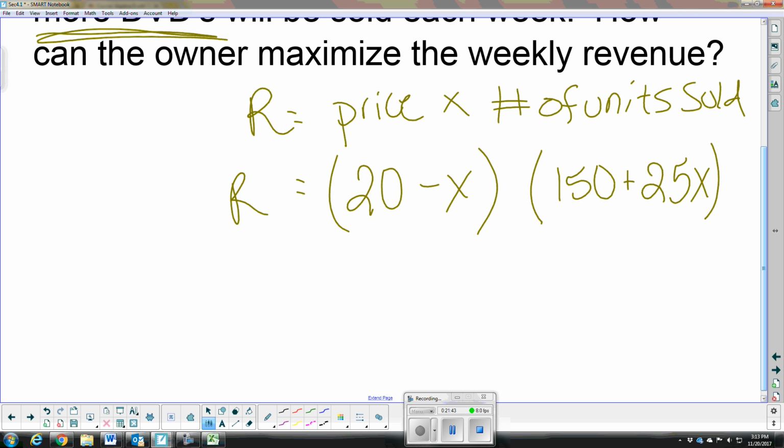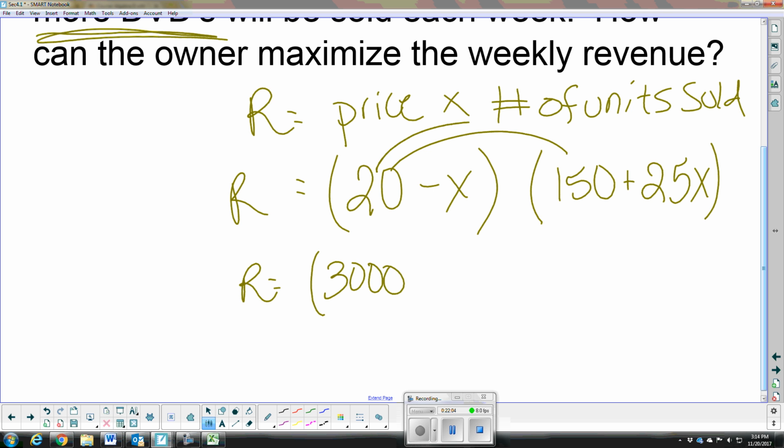So this right now is in what we call intercept form, or almost intercept form. We need to get it into standard form because that's the form we're working with in this lesson. So we need to FOIL. So 20 times 150, that's 3,000.